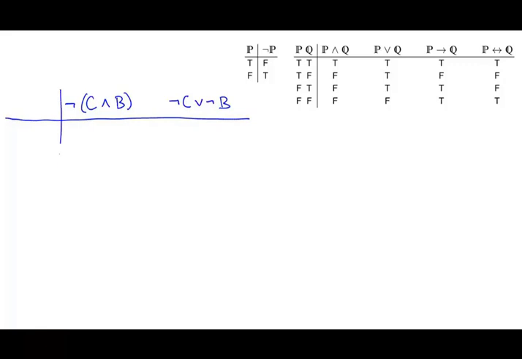We draw a horizontal line, draw a vertical line. We've got two distinct atomic components here. We'll put them in alphabetical order, make the basis columns, and copy the basis columns over very quickly.